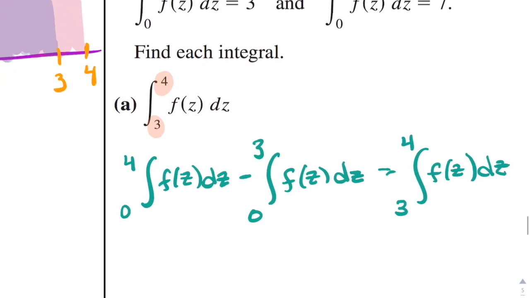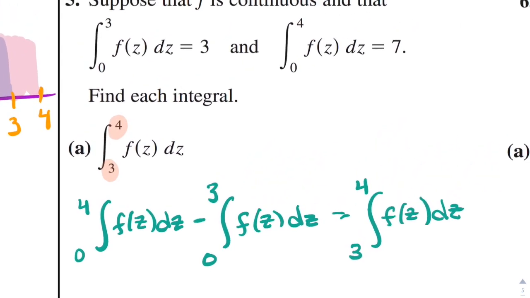If that's what you're looking for, you can now substitute in what you know. You know 0 to 4 has 7. You know that 0 to 3 has 3. So the area then must be 7 minus 3 is 4. So this is 4.